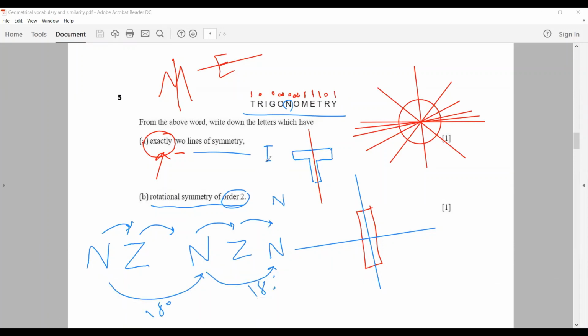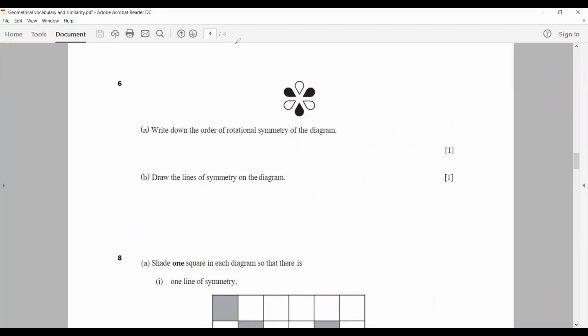Moving on to question number 6, look at this diagram, write down the order of rotational symmetry. Okay, how many times do you have to rotate this? You rotate 45 degrees. So white goes here, black goes here, but that doesn't fit the original outline.